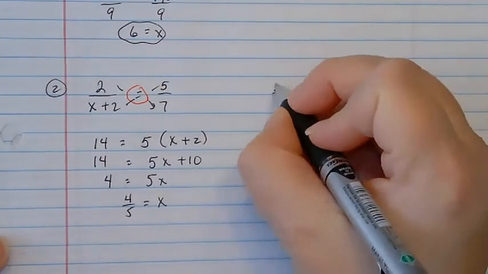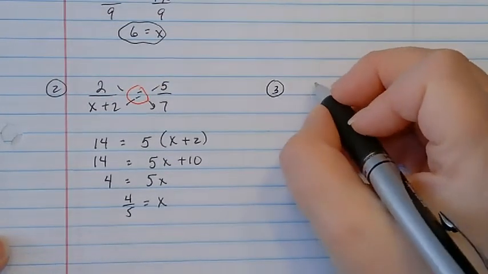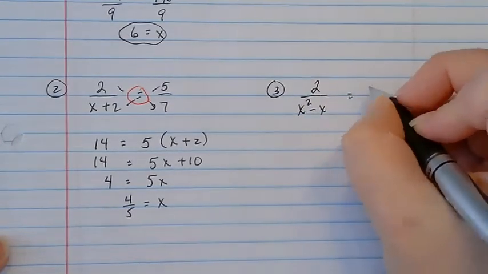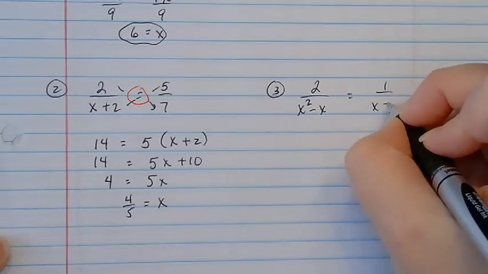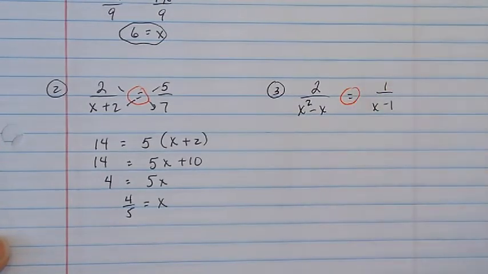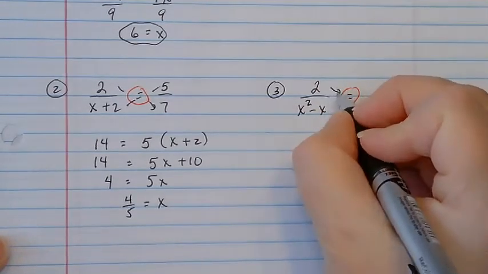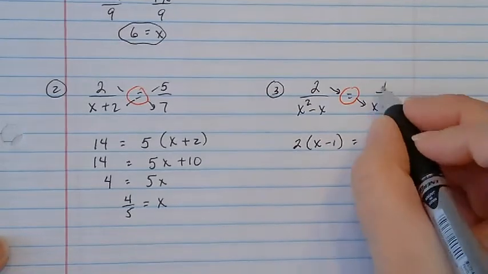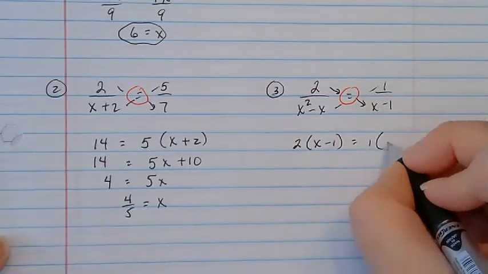Let's do a third example. 2 over x squared minus x equals 1 over x minus 1. Again, notice there's an equal sign here, and this only works when it's an equal sign. When there's an equal sign, this equals this times this.